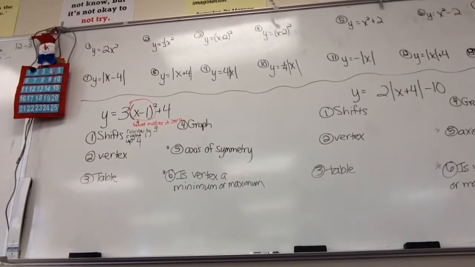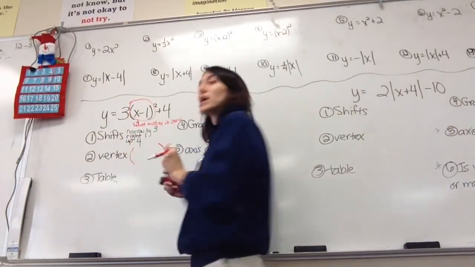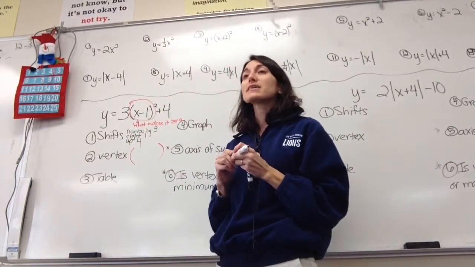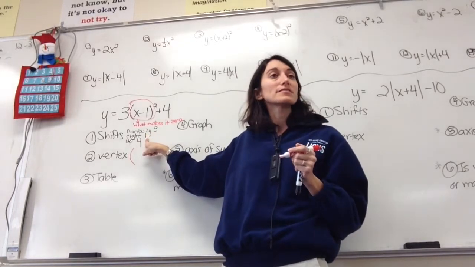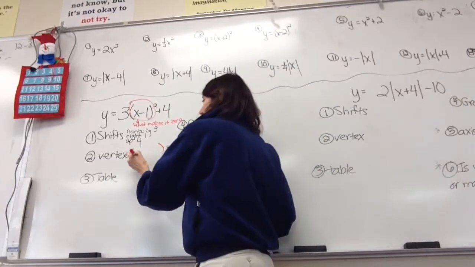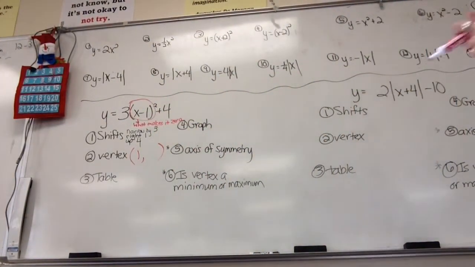Which of those numbers makes the vertex? The 1 and the 4. So if we go right 1, is that the x or the y? That's the x. Is it positive or negative, guys? Positive. And 4 is the y, positive or negative? Positive.